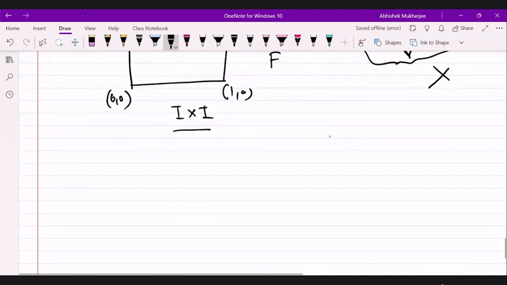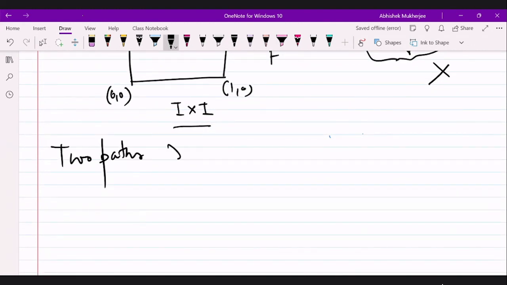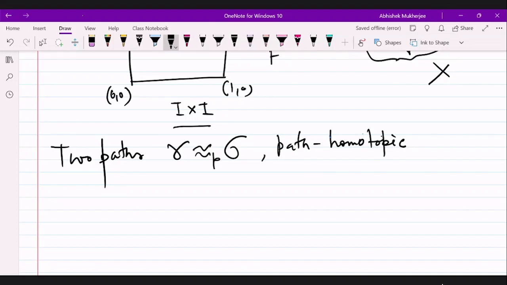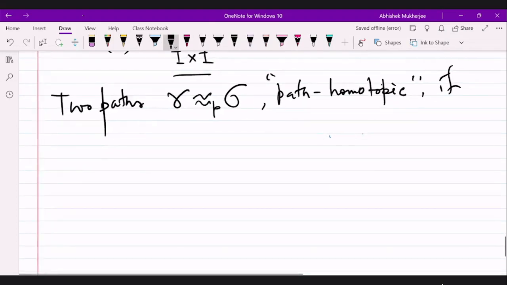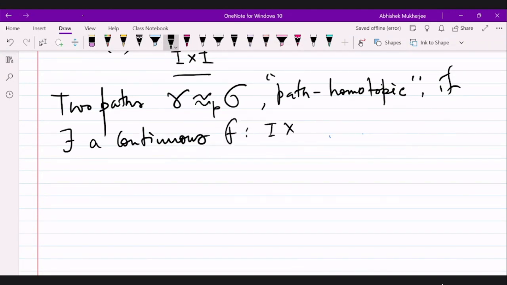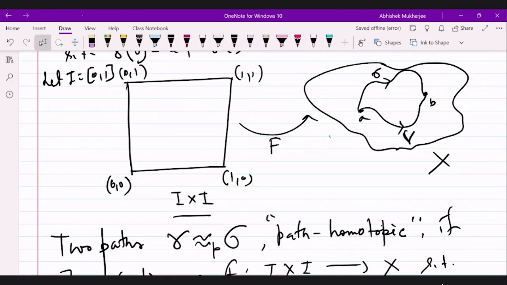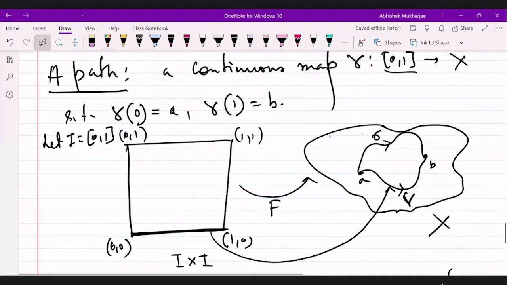Great. So we need to set up a map here. Suppose let us call it F. Two paths, gamma and sigma, are said to be path homotopic, and we denote it by this symbol, if there exists a continuous map as before from I cross I to X, such that this side will be mapped to gamma, and if you are at level one, then this will be mapped to sigma.